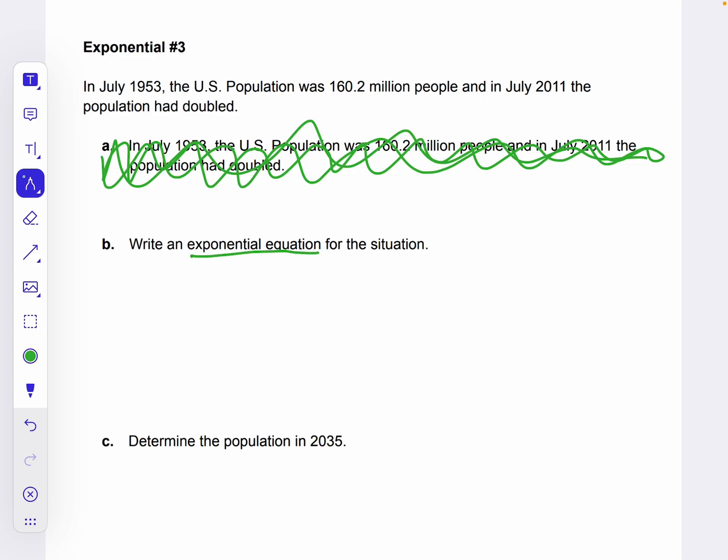This would be a really good time to go back and take a look at your exponential function notes, because this may be something you would want to include in those notes. There are two different ways to approach this.